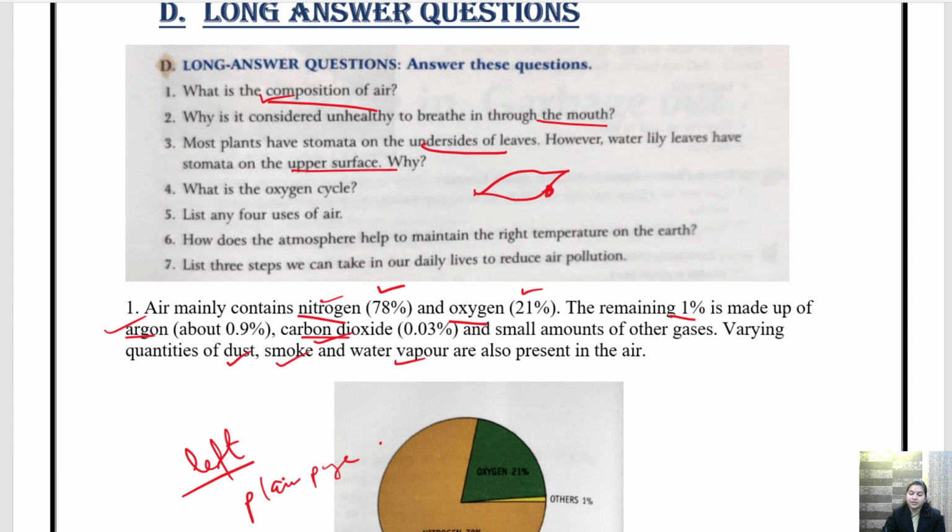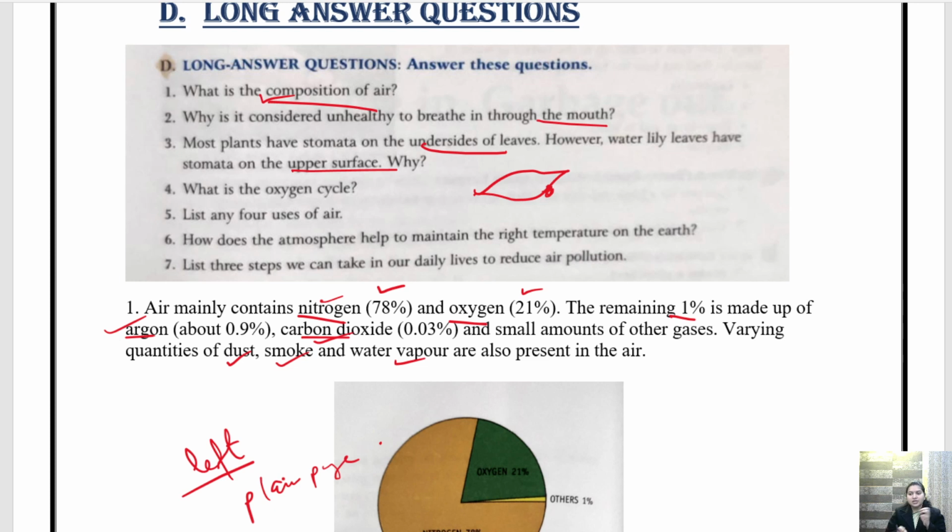Why? Most plants have the stomata present beneath the surface, but there are certain aquatic plants which have the stomata present over the surface. Why? Because the lower part of the leaf is submerged in water.